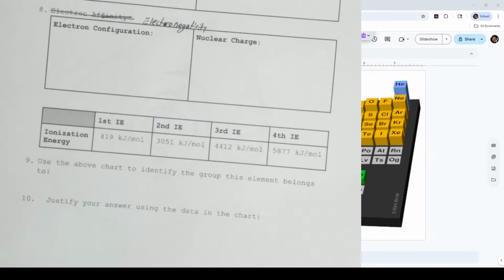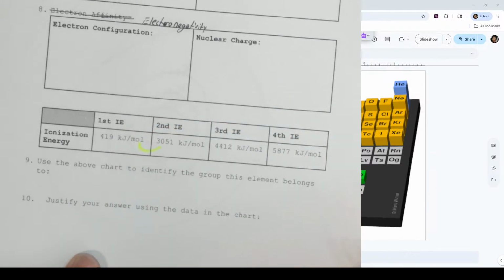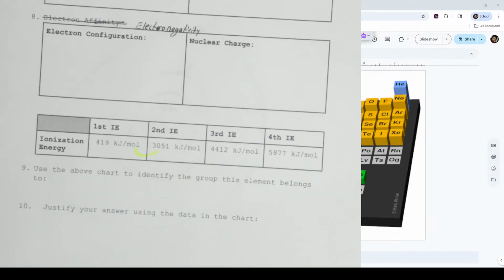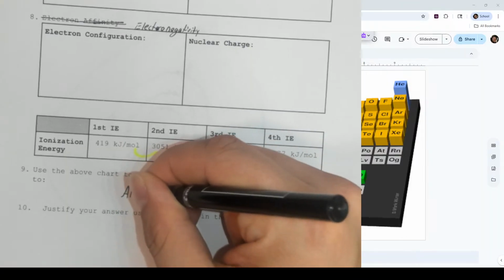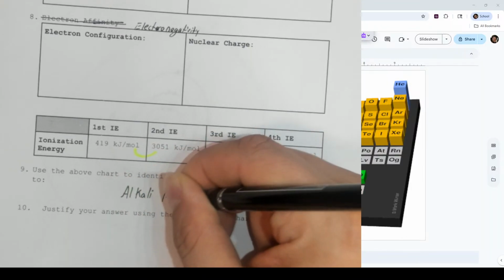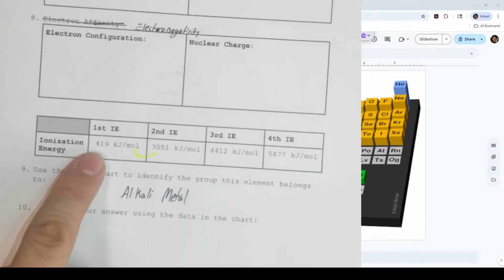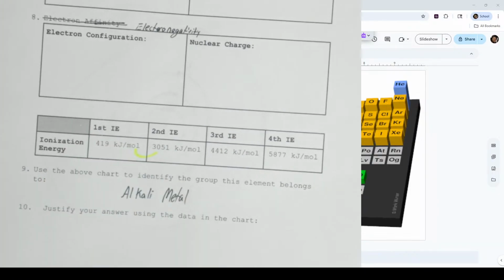So if you're still with me, hopefully you're guessing that this is where my jump is. This is an alkali metal. It is not super fussed about giving up that first electron, but it really doesn't want to give up the second.